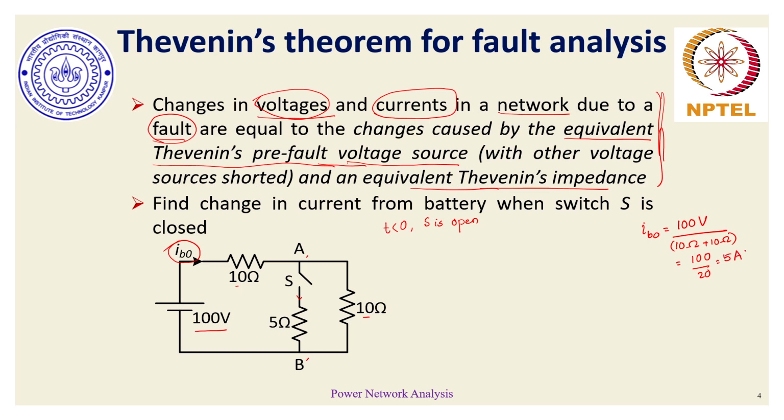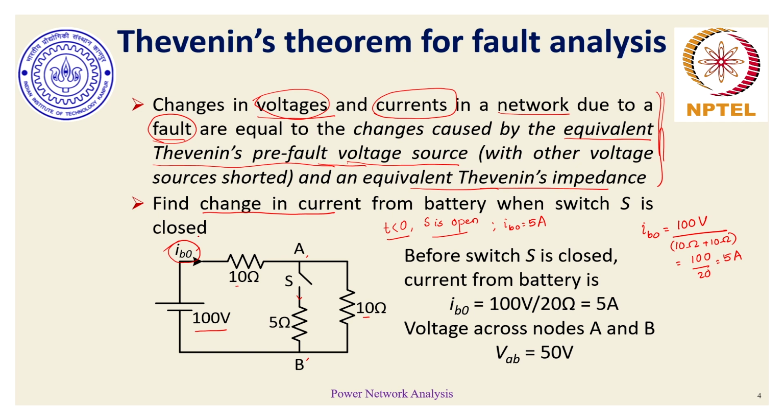That means before the switch is closed, that is at t less than 0 when the switch is open, the source current is 5 amperes, and we want to find the change in current from the source, which is this IB0, after the switch is closed.